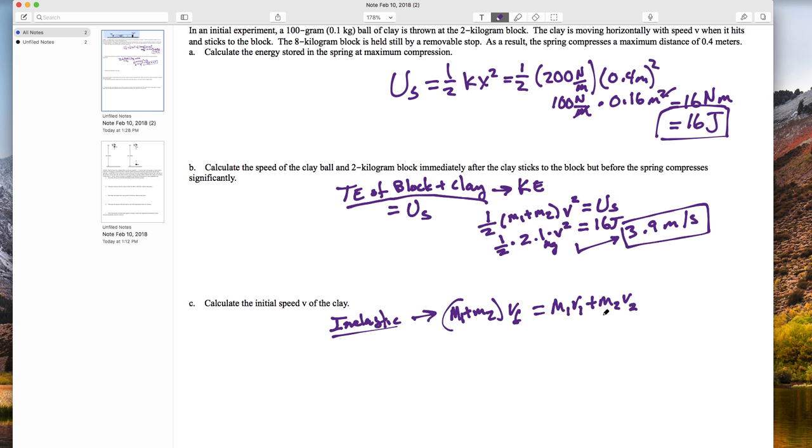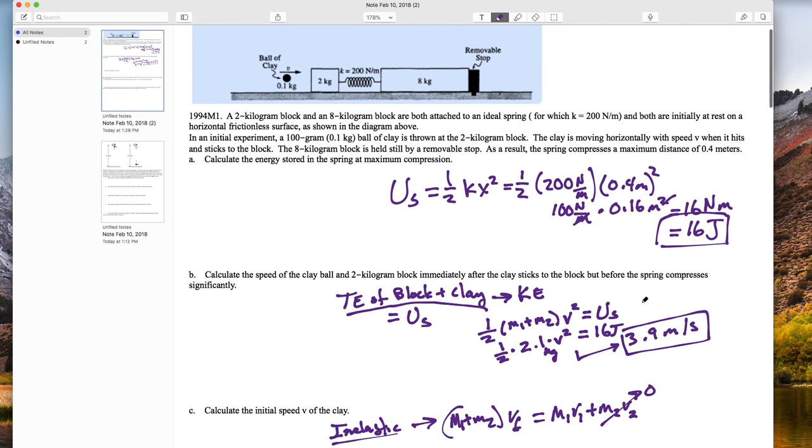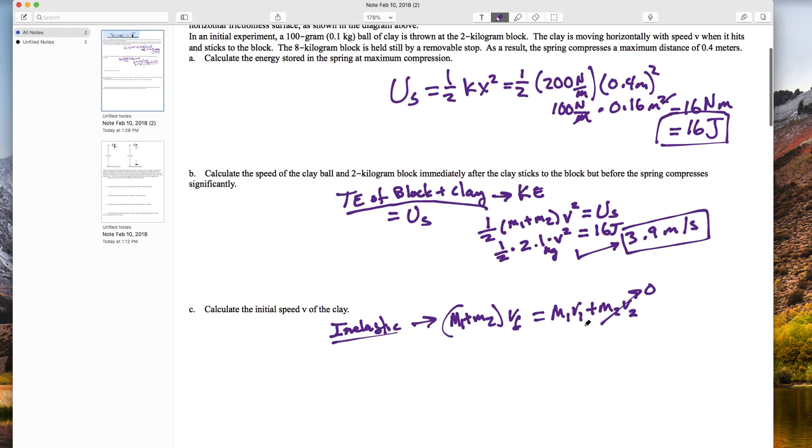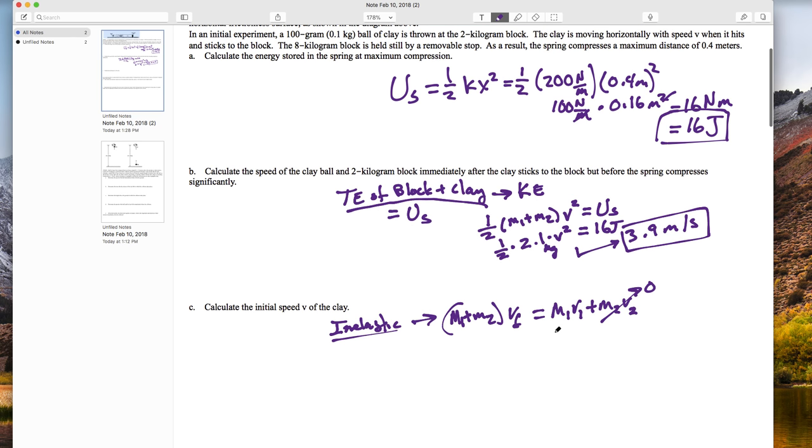We know that this is 0 because the clay block, or the block that the clay hits, is not initially moving. And we know that this is 0.1, 100 grams, times V. And the V is the part that we want to know. And we know that's equal to 2.1 kilograms times the VF, which is 3.9 meters per second.